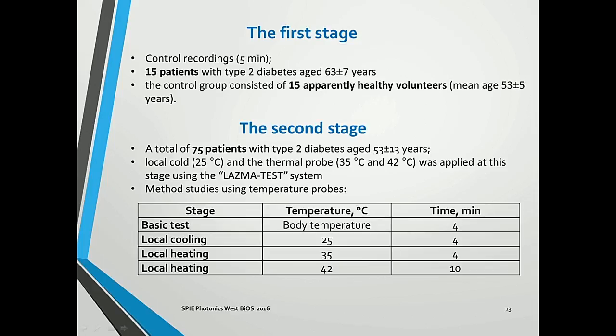These heats were applied, the basic test takes 40 minutes, and we have to keep heating when we apply heating of 42 degrees for 10 minutes, because that's the normal response of the body to bring down the temperature. We have a sensor inside this Peltier element, so we can measure the real temperature of the tissue. The 10 minutes was needed to bring the real temperature of the tissue to the level of 42. Then we could measure for 4 minutes.